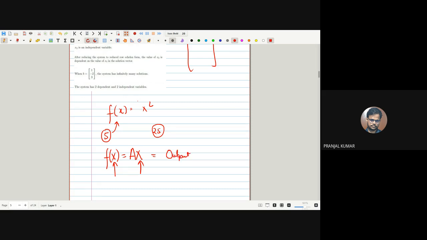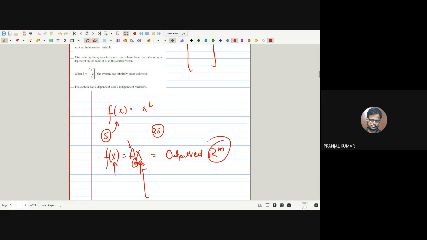If A is m cross n, then the matrix acts as a function, and the output vector will be in Rm.